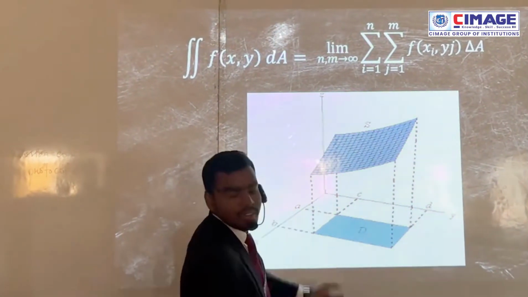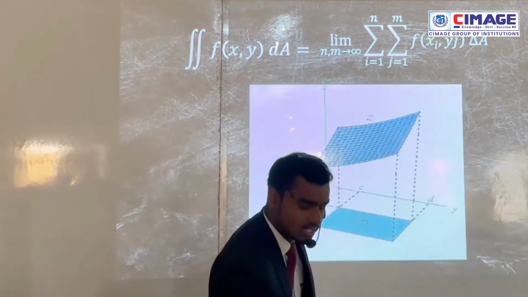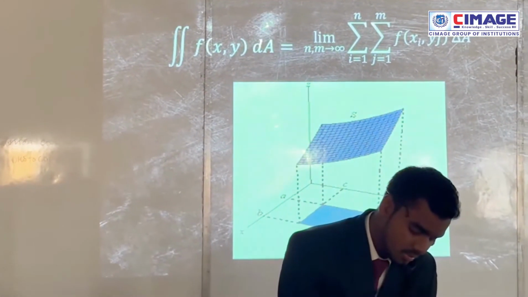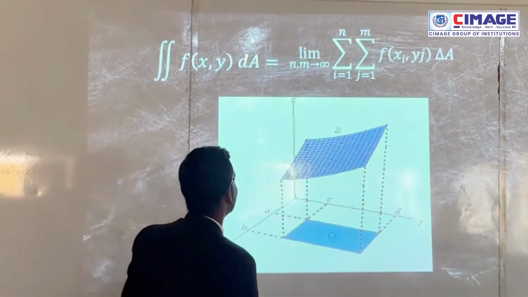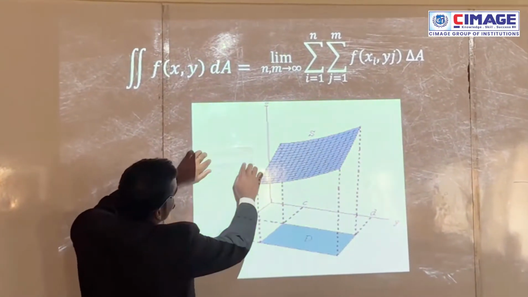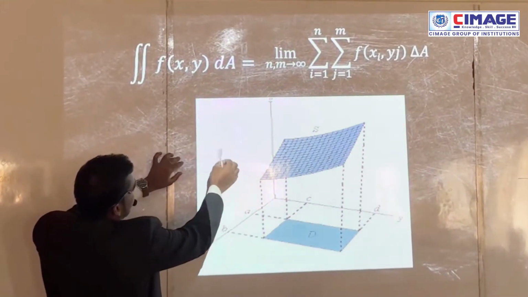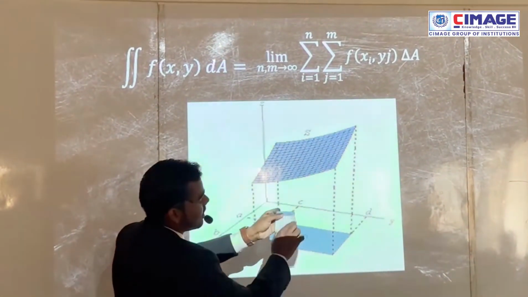This is the main difference. In single integration, we find the area of this paper only. I am not talking about the width or size of the paper. We find this much area only.